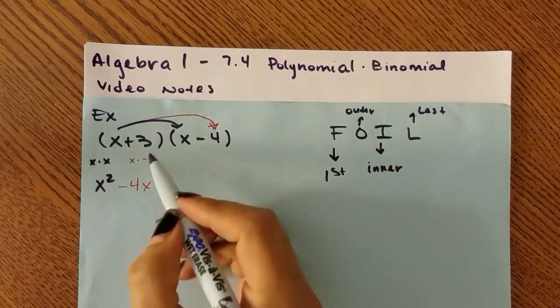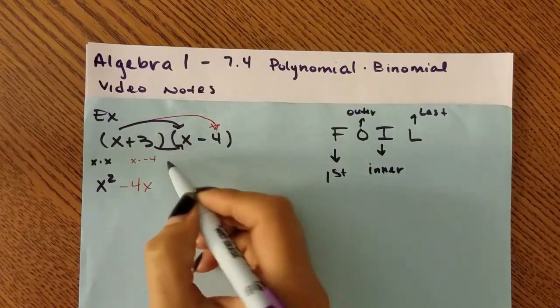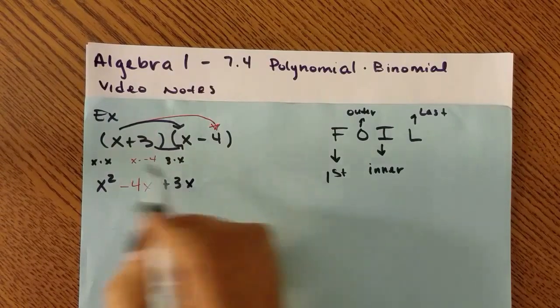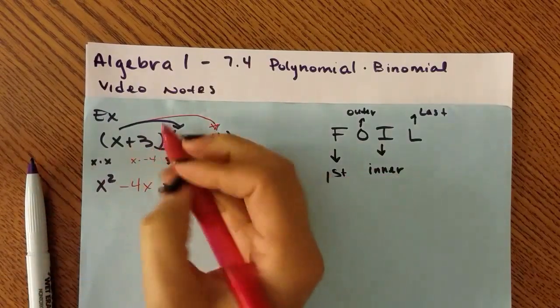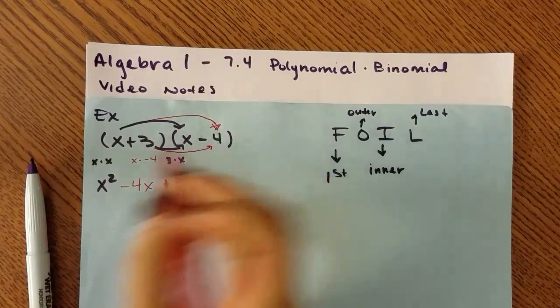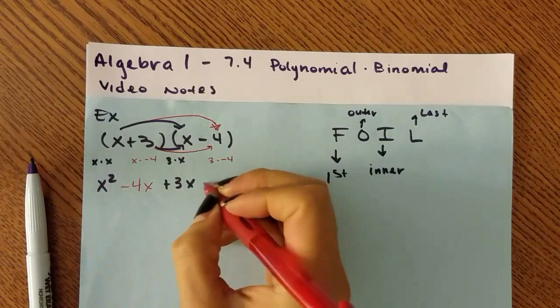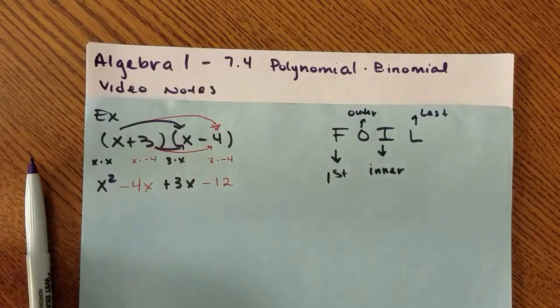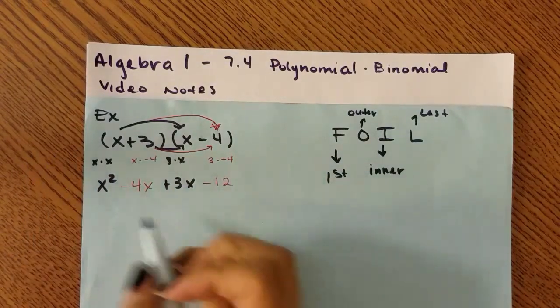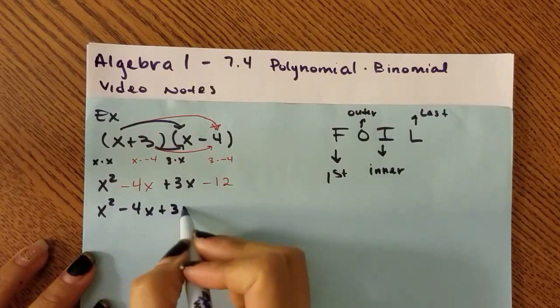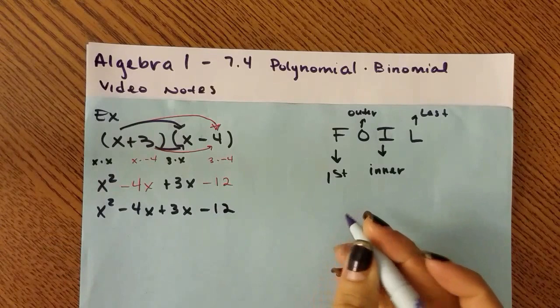Then we're going to multiply our inner terms, so 3 times x. They're both positive, so plus 3x. And then our last terms, 3 times negative 4, which is going to give you negative 12. So I'm just going to rewrite this so you can see it a little bit better.